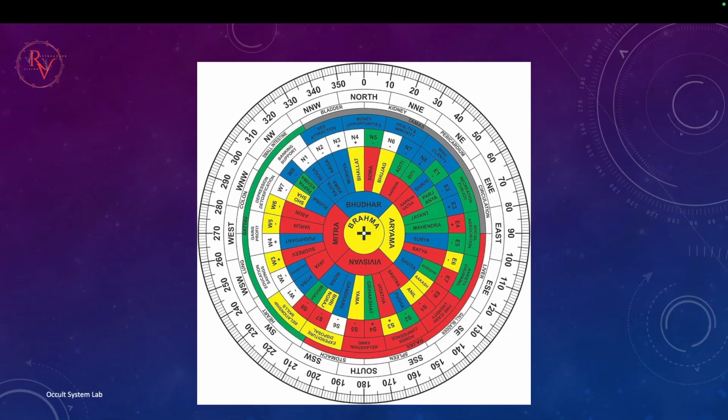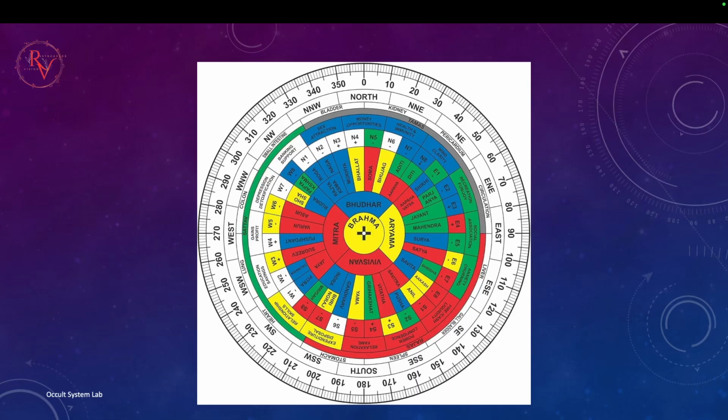So if this particular zone is disbalanced in some way or the other, you will have a lack of confidence, you will have a lack of courage. Okay, so you will be like a weak kind of a person. You will have a very weak personality. That glamour, that power, that comes from the fire element, right?